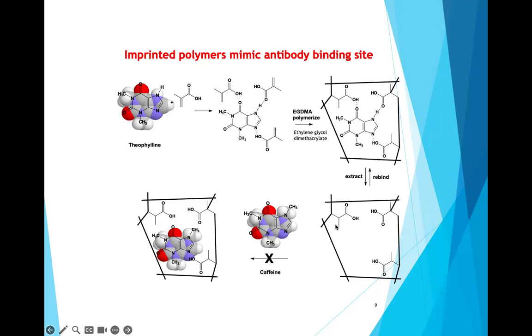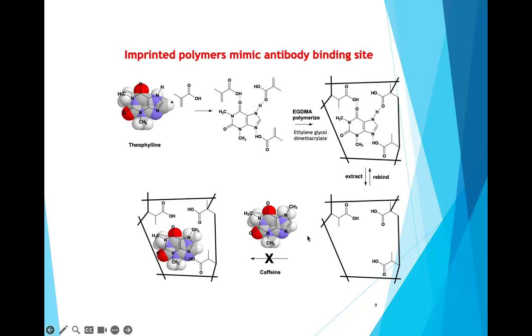When you mix it with a sample and you wish to take only theophylline from the sample, theophylline is supposed to be the one that is captured because these cavities are specific to theophylline.